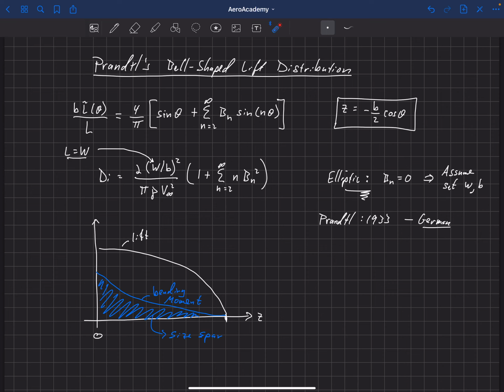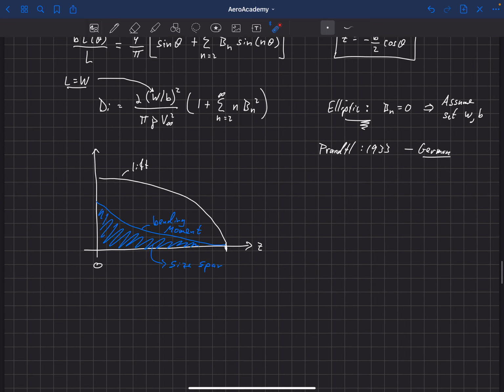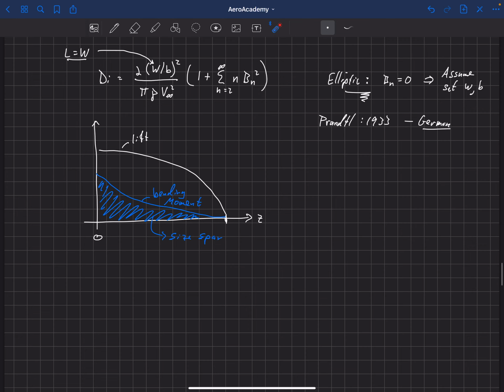Okay, so let's talk about what Prandtl assumed for his first crack at this. Okay, so let's write down his assumptions. And so he actually fixed the weight. So he held W constant.